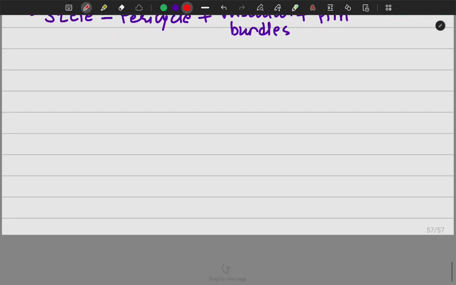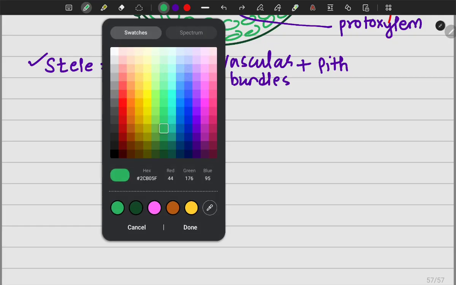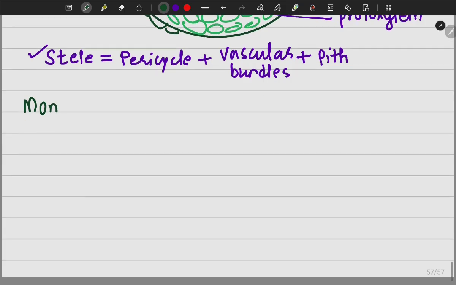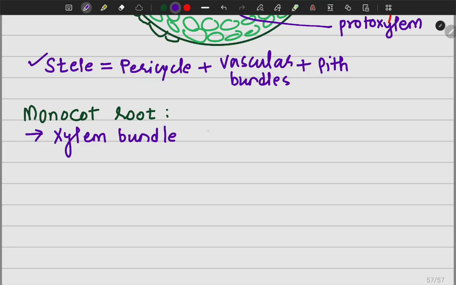So if we talk about monocot root, the xylem bundles are usually more than 6, which is called polyarch.